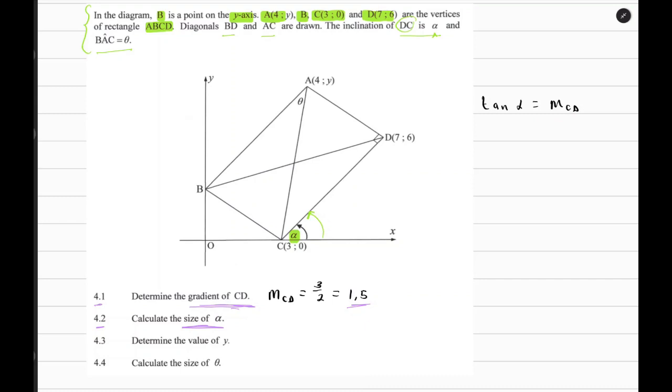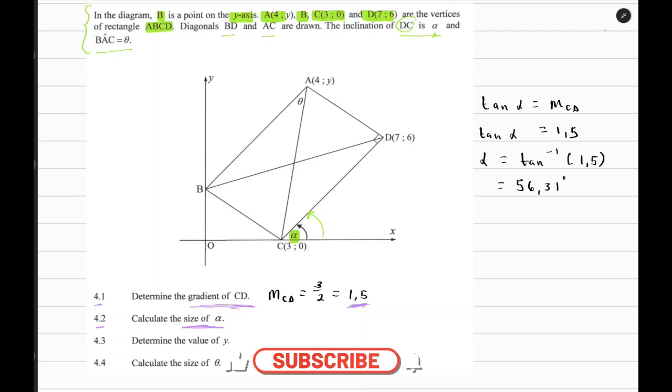We found the gradient to be 1.5 for the line segment CD, so we can just substitute it. So 1,5 equals tan alpha. If we take tan to the other side, it becomes tan inverse of 1,5, and this equals 56,31 degrees, correct to 2 decimal places.